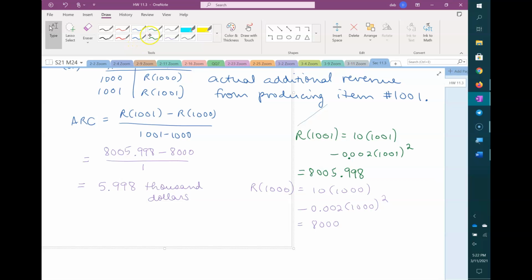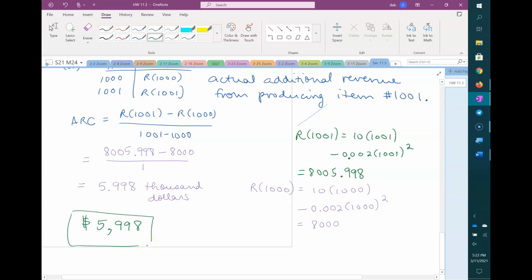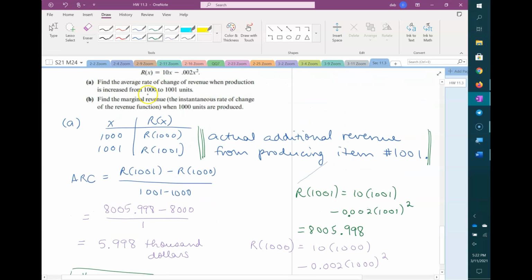So rather than having the word thousand, you can multiply the number by 1,000 and just say it's $5,998. So this is the actual additional revenue that you gain from producing item number 1001, which is the same thing as saying production increases from 1,000 to 1,001, and how much does the revenue change?